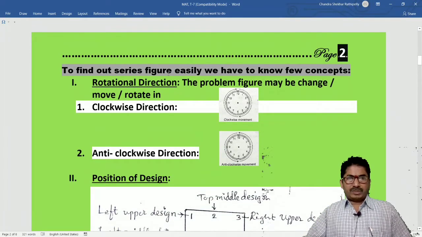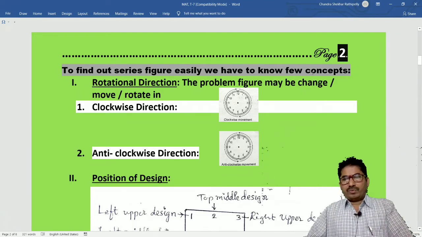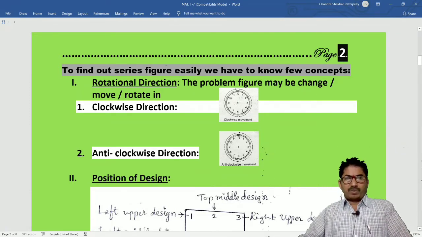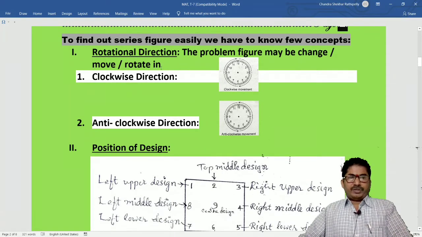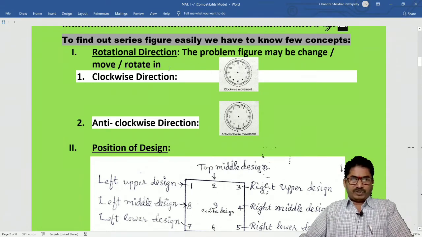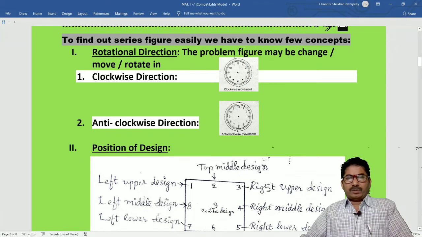To find out a series figure easily, we have to know a few concepts. Rotational direction. First we have to know about rotational direction. The problem figure may change or move or rotate in a clockwise direction.